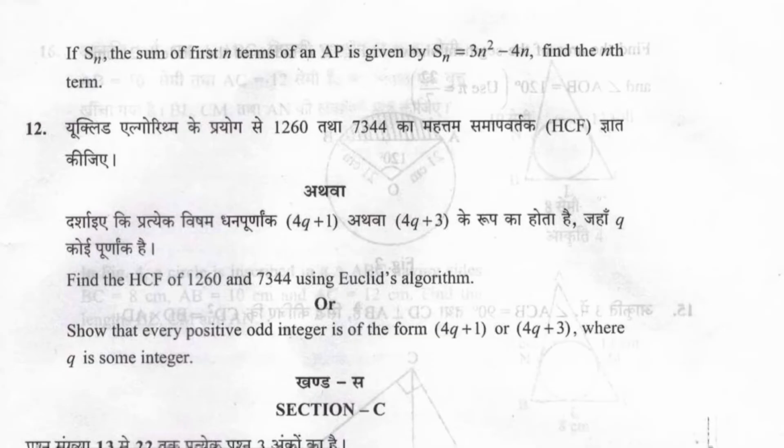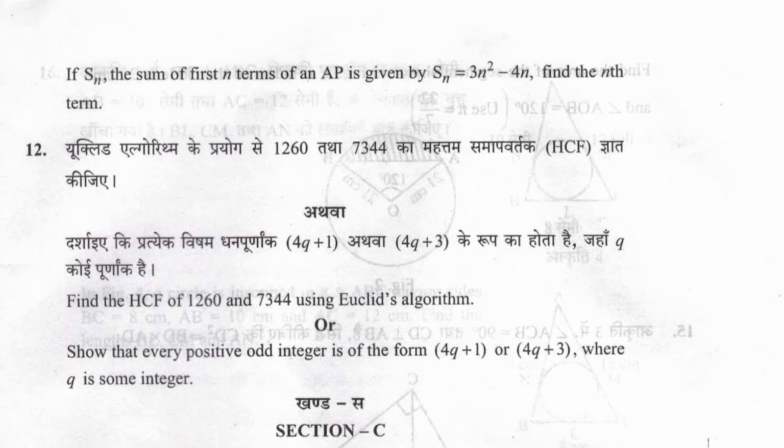Now we have a choice in the 11th question, and the other question is: if Sn, the sum of first n terms of an AP, is given by Sn is equal to 3n square minus 4n, we need to find the nth term. In this question, the sum of n terms of an AP is given by 3n square minus 4n, and we have to find the nth term.